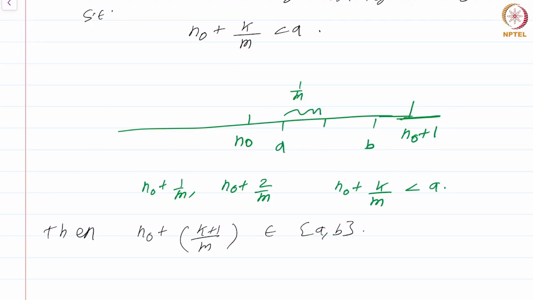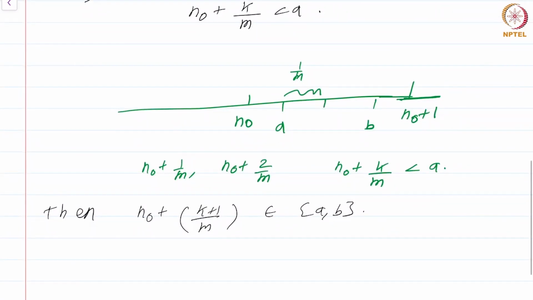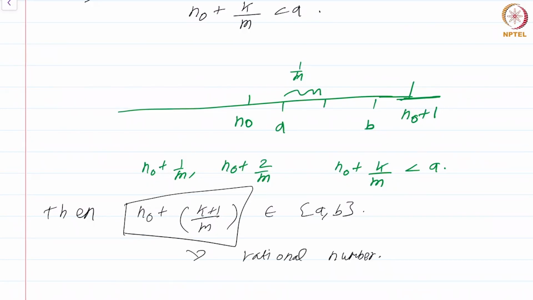So adding something less than (b minus a) by 2 to something less than a cannot exceed b, simply because the length of the interval ab is b minus a. Clearly this is a rational number by construction.